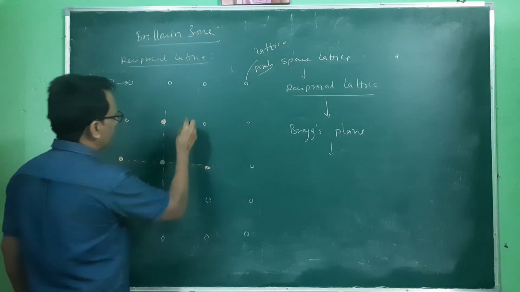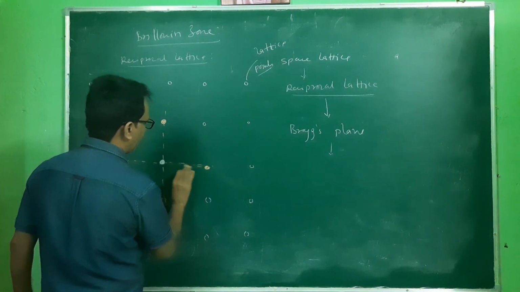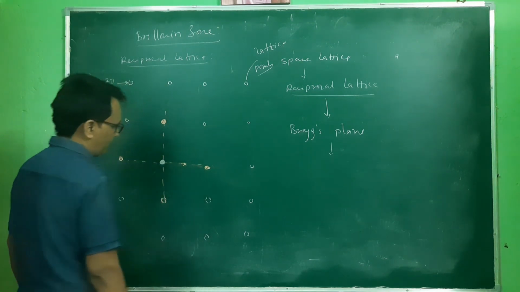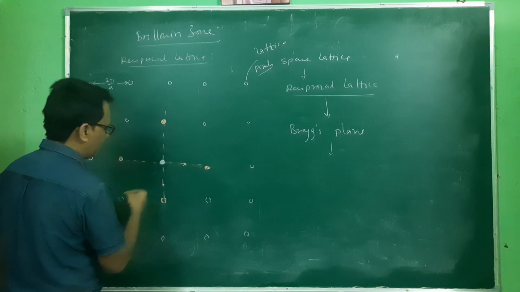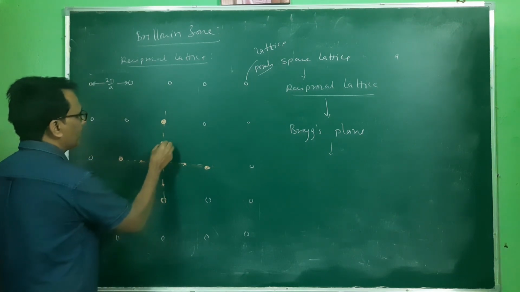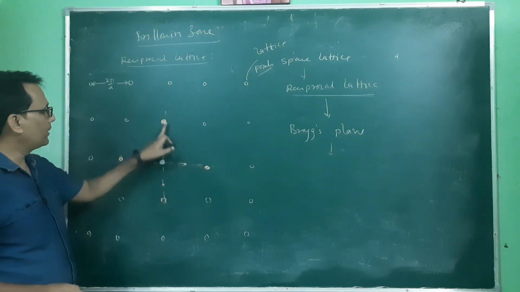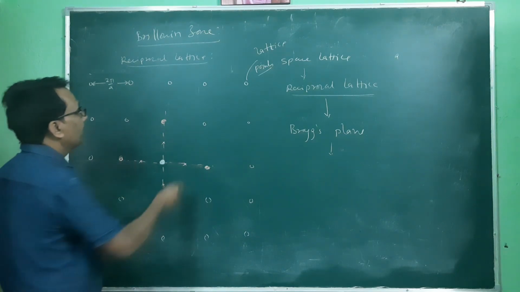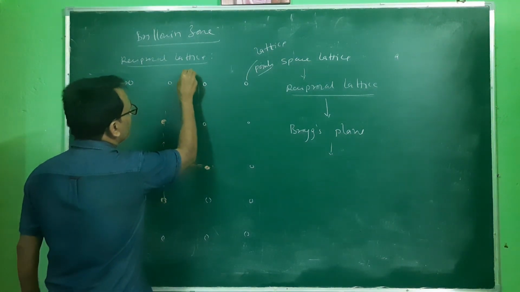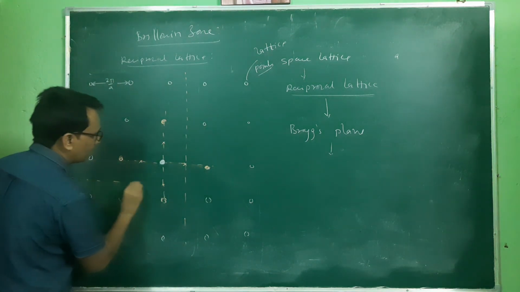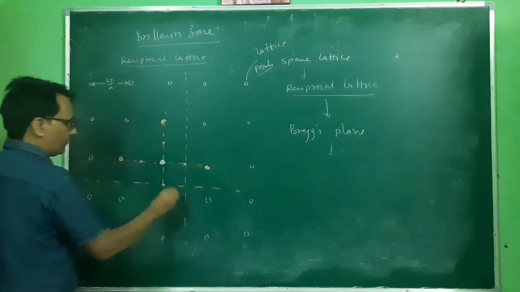So we will take the bisector of the line joining these atoms. First we choose the 4 nearest atoms, and then we draw the bisector.